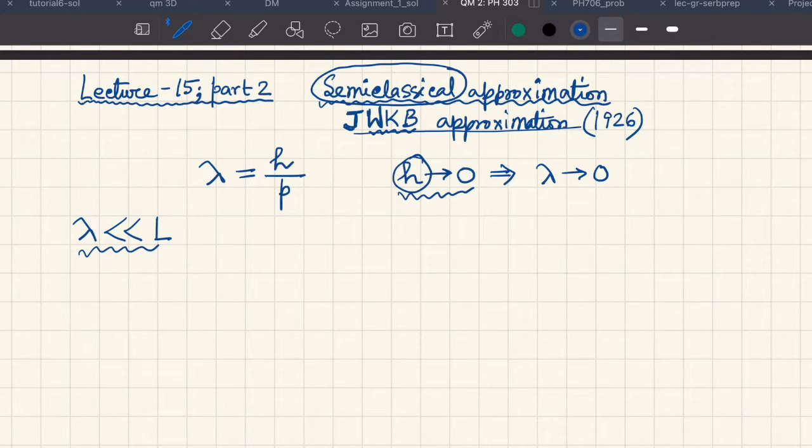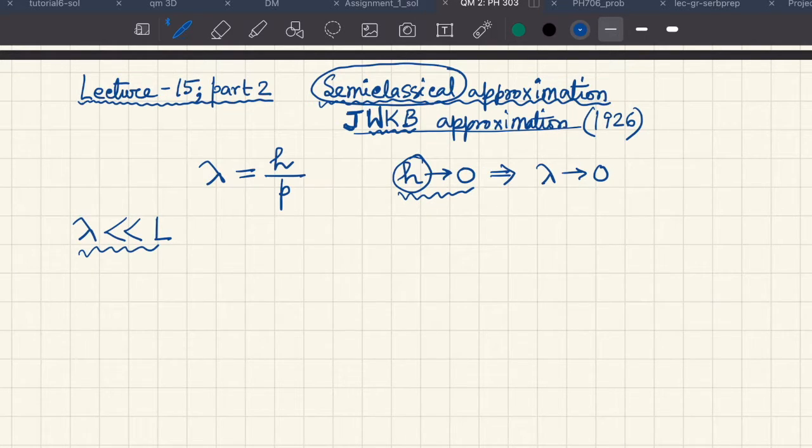So that therefore means that the semi-classical approximation that we are going to study will be applicable if a suitable generalization of the de Broglie wavelength is possible. That means if I can make this h to be small, and thereby this lambda will be slowly varying.